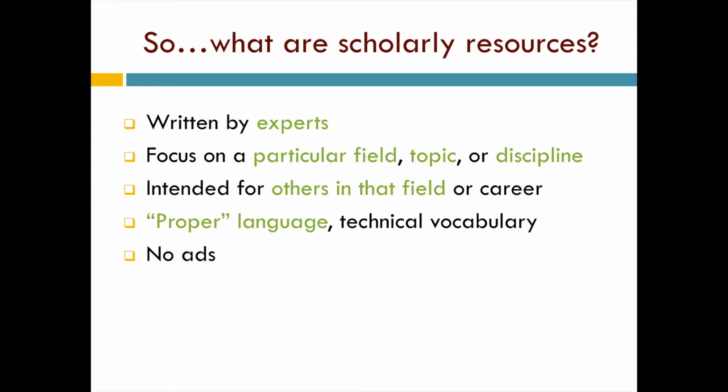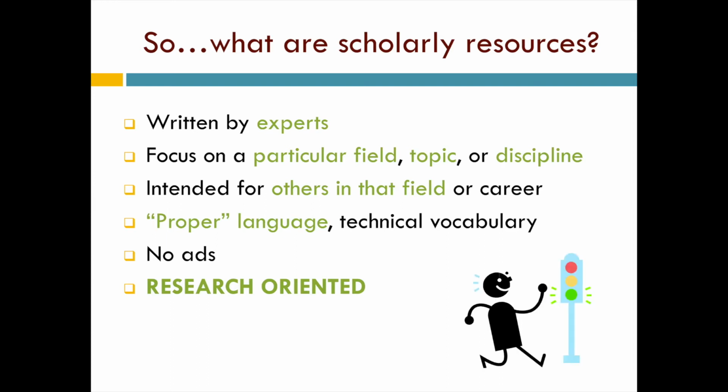Also, you'll notice in scholarly resources, there are no advertisements. Basically, research-oriented and scholarly are the same kind of resource. Articles that appear in journals are examples of scholarly resources.